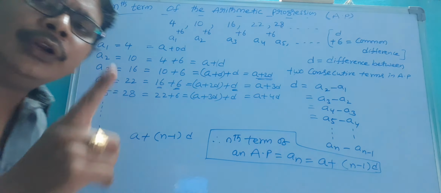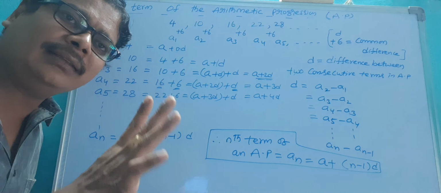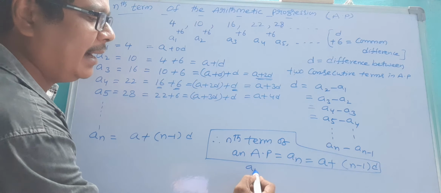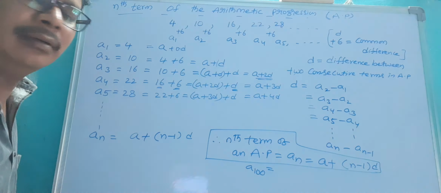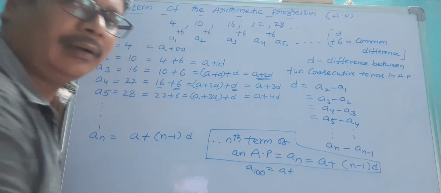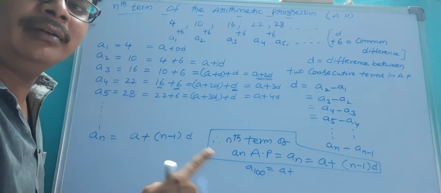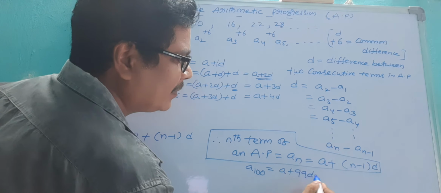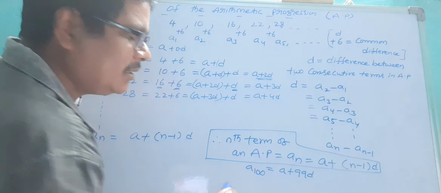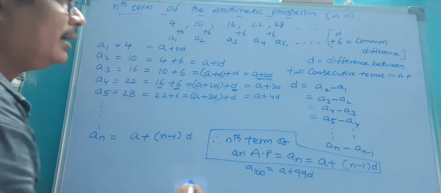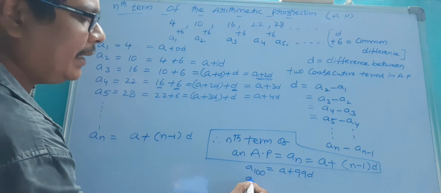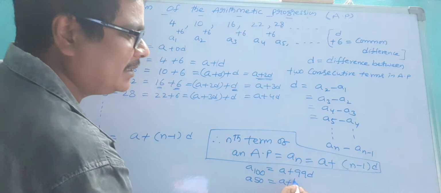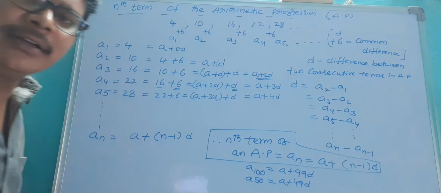For example, if you want to write the 100th term, how? A100 equal to A plus, you subtract 1 from its coefficient, so that means 99D. Yes or no? For example, if you want to find the 50th term, A50 equal to A plus 49D, you subtract 1.